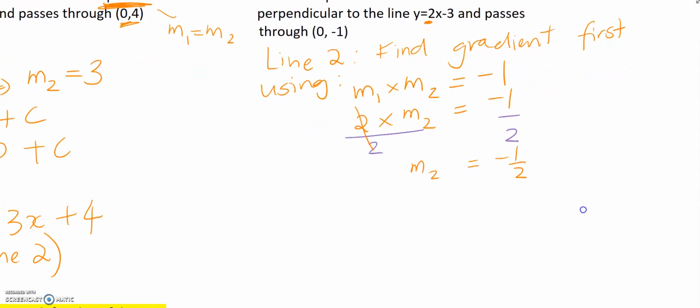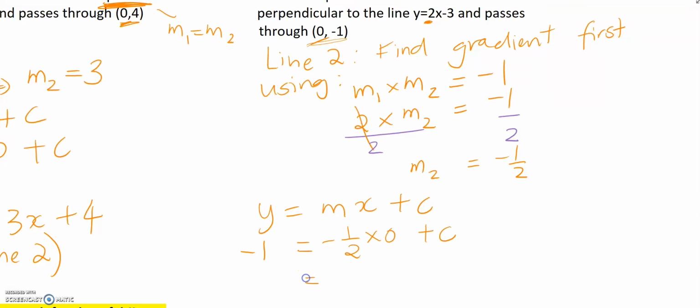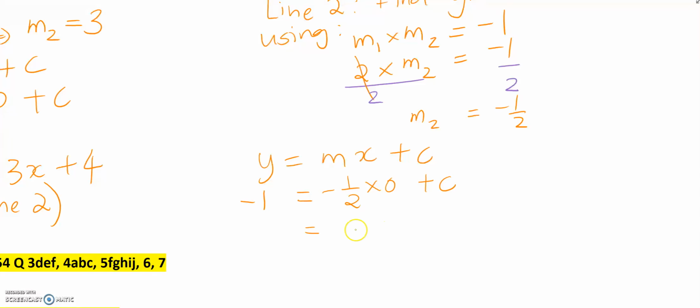And then again we use the same method and substitute these points into the equation y equals mx plus c. y is -1 equals gradient is -1/2 times x is 0 plus c. Negative half times 0 gives us 0, so c is equal to negative 1.